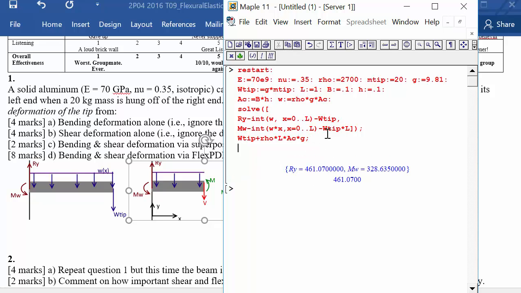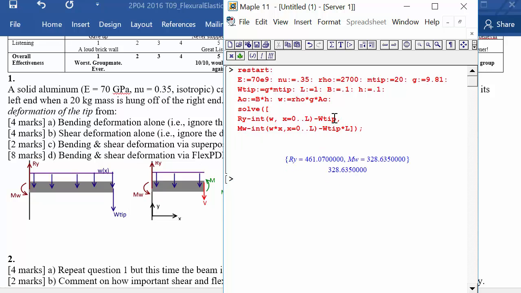And if you wanted to know the moment, you could say W tip times L, and then for this one, that's averaged at the center of mass, which is halfway down the beam. So that should also give you the same moment. Let's see. Yeah. So everything works out. Check. Seems like it's correct. And we've successfully solved for the wall's reaction force.